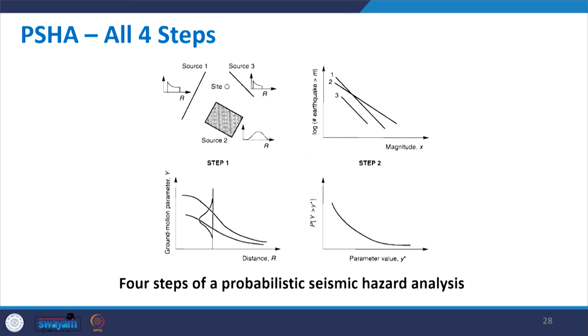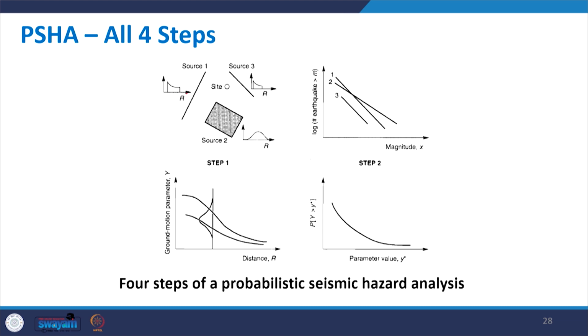So, all the 4 steps of PSHA are combined here in this slide, and it looks similar, particularly the first step. You have 3 sources again, M1, M2, M3, but you are not putting the magnitude here, which was the case in DSHA. Rather, within this source, you have how the magnitude is varying with the distance, as a probability.